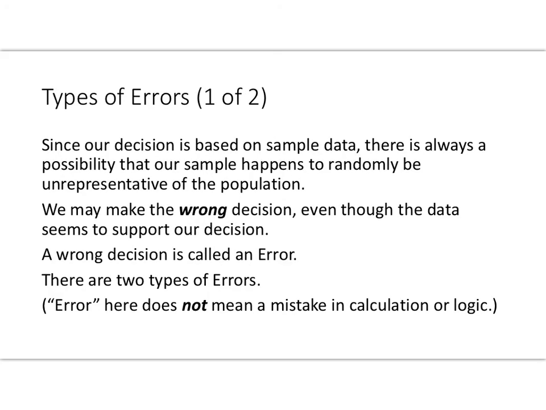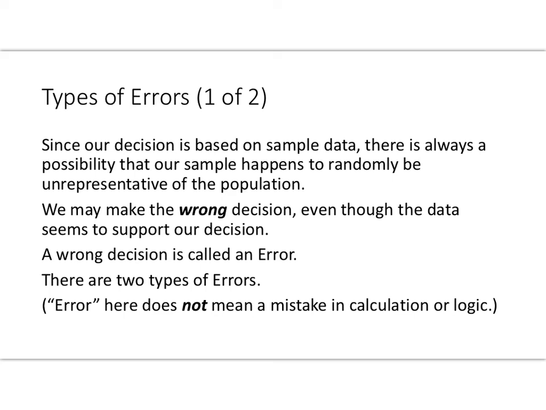There are types of errors that can happen. Since our decision is based on sample data, there's always a possibility that our sample happens to randomly be unrepresentative of the population. We may make the wrong decision even though the data seems to support our decision. A wrong decision is called an error, and there are two types of errors.